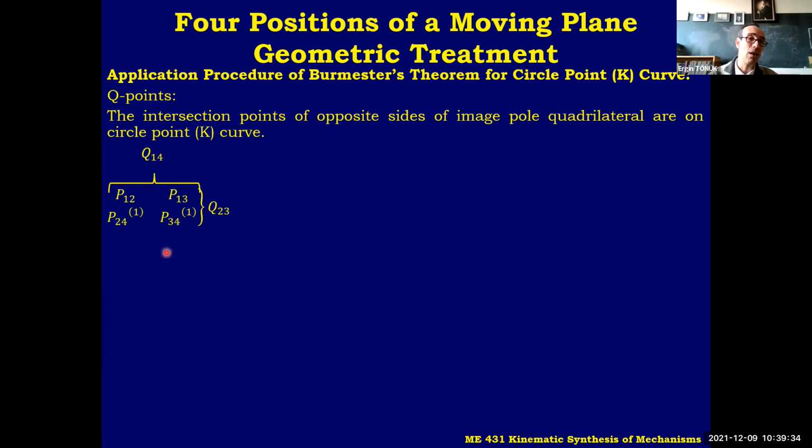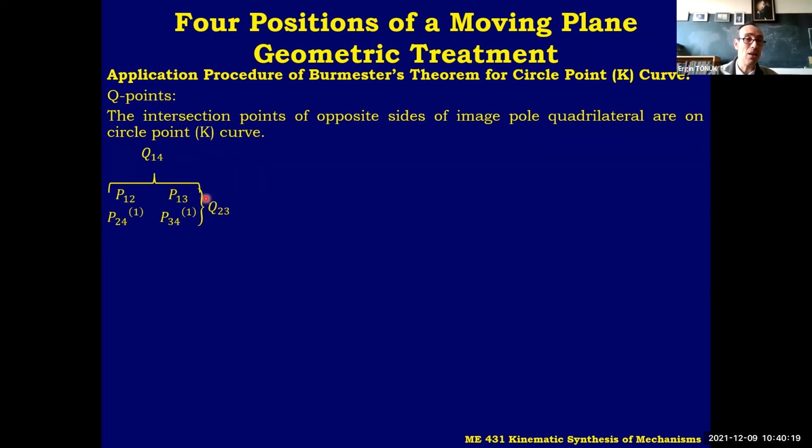the intersection of side 1 and side 4 is going to give you a Q point, which is Q14, which is on the circle point curve, so that you can use it as a candidate of, say, A1. Or this is side 2, this is side 3. The intersection is going to give you another Q point, which you can try.